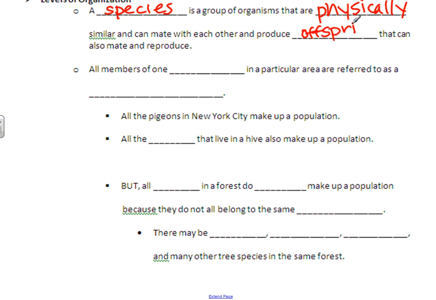Okay, so offspring is a fancy word for babies. So if you don't know what offspring means, right, babies, okay? They're able to produce offspring that can also mate and reproduce. Okay, so all members of one species in a particular area are referred to as a population.